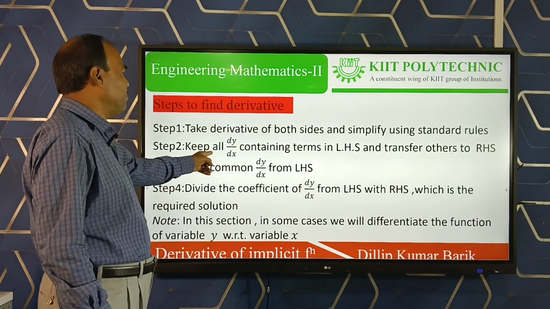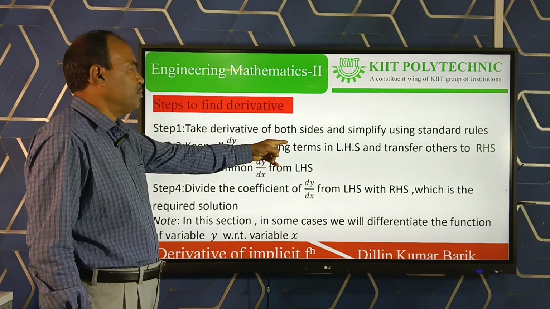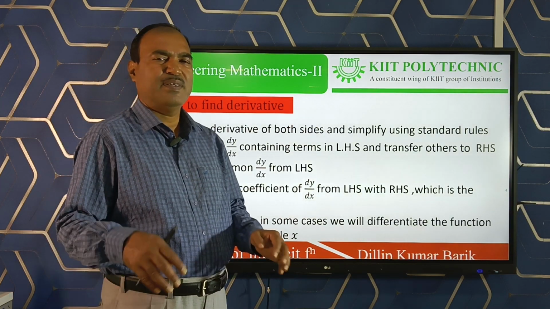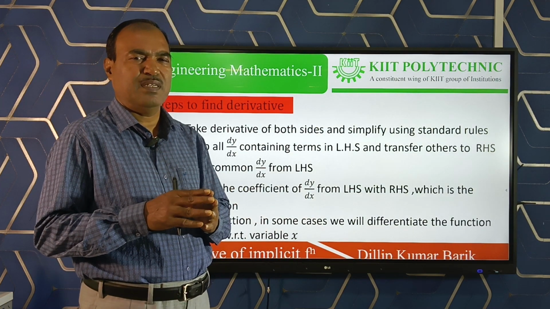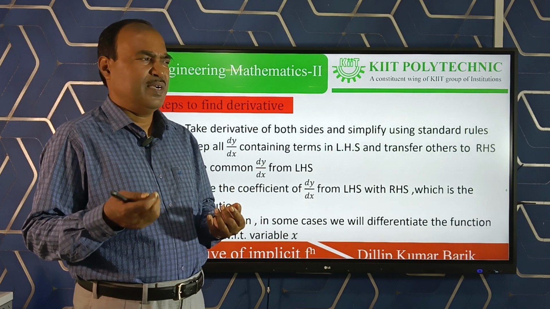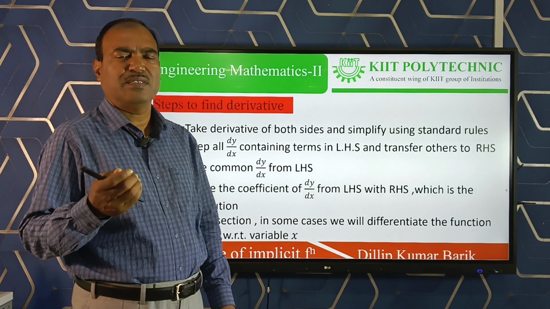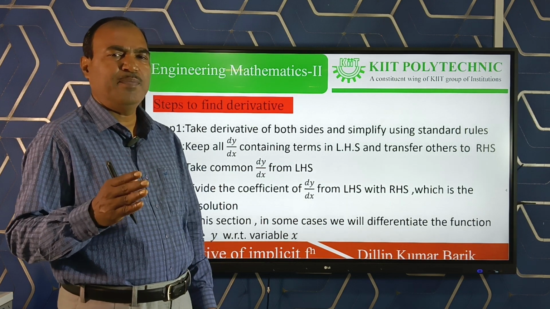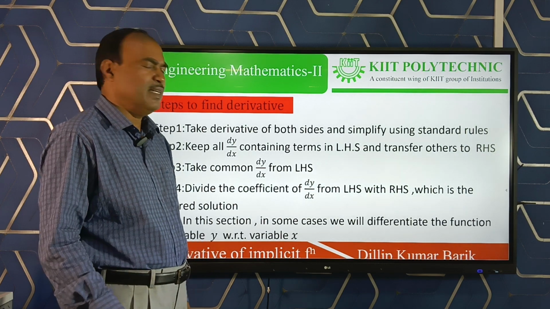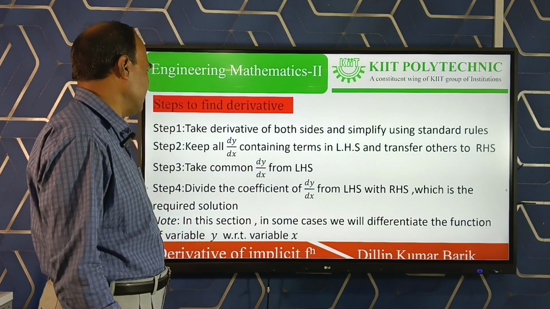Step 2 is to keep all dy by dx containing terms in the LHS and transfer the others to the RHS. It means that after taking the derivative of the given expression and simplifying using the different formulas like the chain rule, addition, subtraction and so on, keep all dy by dx containing terms, or singly it may be dy by dx, in the LHS and transfer the others to the RHS.